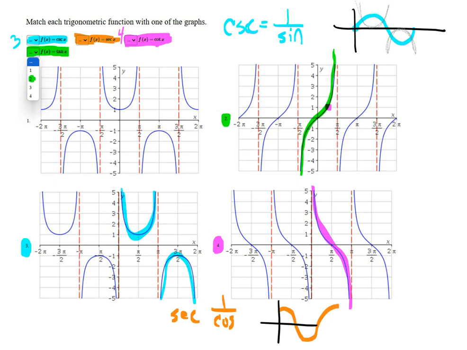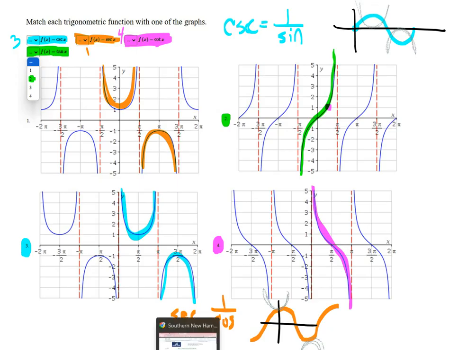So if you take the reciprocal of that, it's going to be like this and like that. And that ends up being the orange one. You can see it right there. It's reciprocaling over. And so that one's number 1.